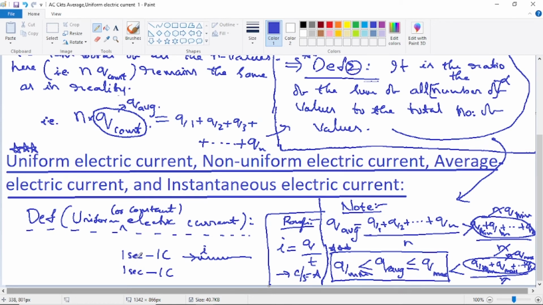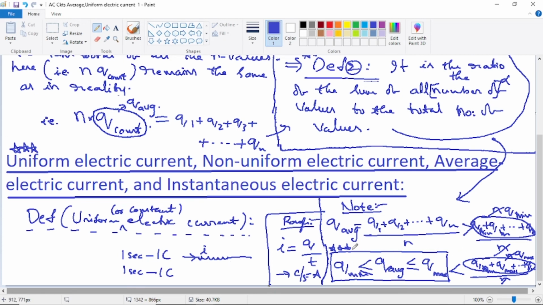However small the time intervals may be, even if we take smaller time intervals, say half second: if in 1 second, 1 coulomb is flowing, then in half second, half coulomb should be flowing, and in the next half second, another half coulomb. Two half seconds make 1 second, and two half coulombs make 1 coulomb. However small the time intervals may be, in equal time intervals, equal amounts of charge should be flowing. Then it is called uniform electric current.